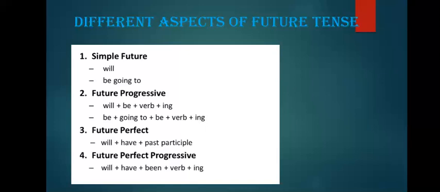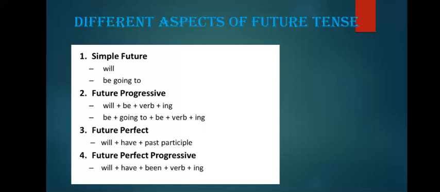As I told you, in perfect type, you always use the third form of verb, and in continuous type of tenses, you always use present participle, that is the ing form of verb. So it will be, she will have washed the clothes, or she will have gone to the market, right?